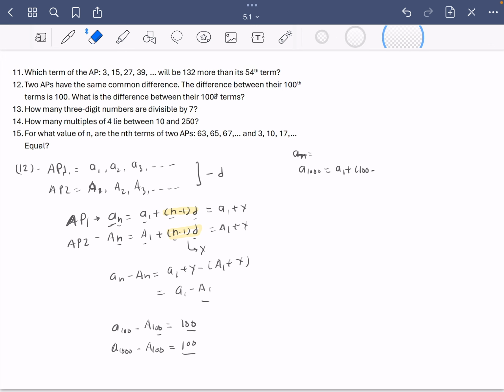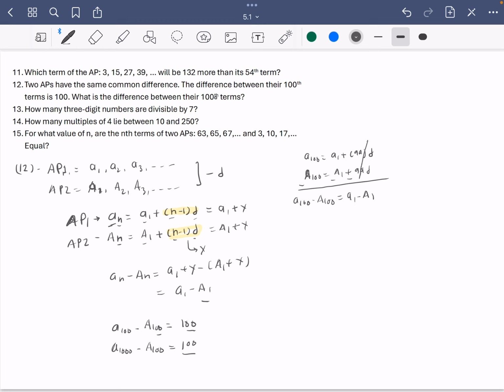Well, let's first calculate the difference for the 100th term. a100 is going to be a1 plus 100 minus 1, 99 times d, and uppercase A100, the second AP, is going to be A1 plus 99 times d. So if I subtract one from the other, a100 minus uppercase A100, this is going to be cancelled out, a1 minus A1, same thing here.